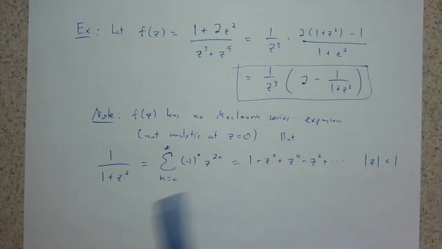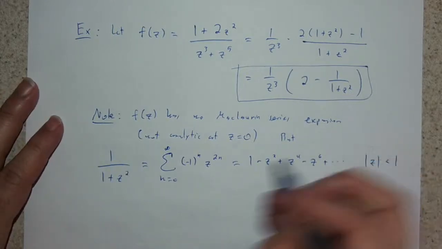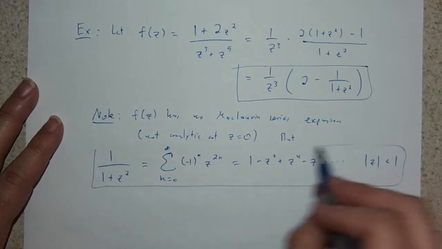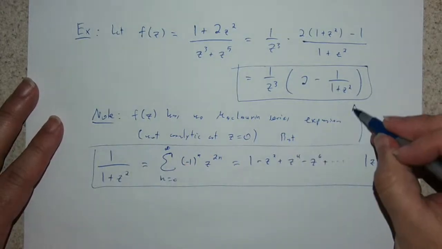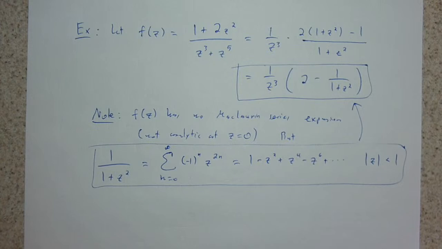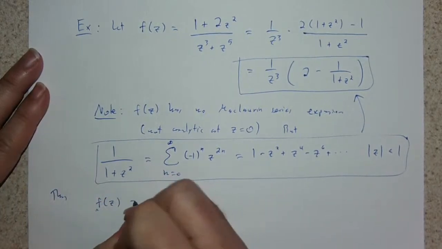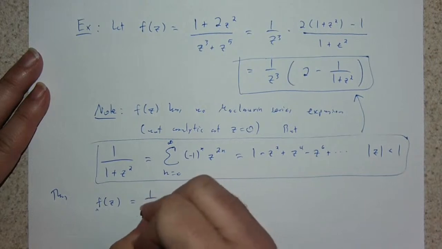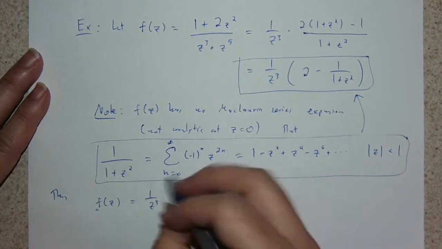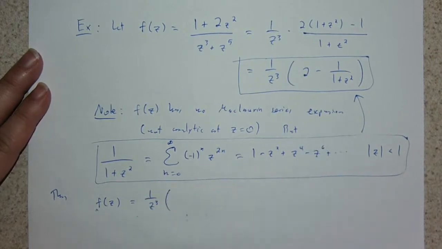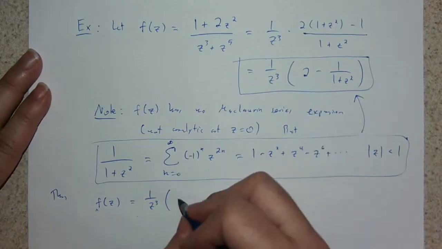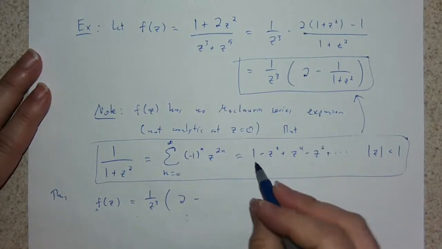Okay, and so using this expansion in the way that I've written this function here, f of z is 1 over z cubed times 2 minus this thing here.